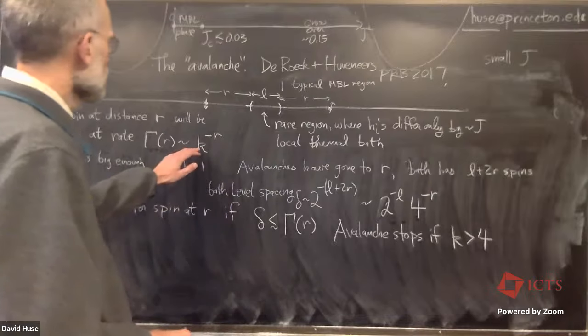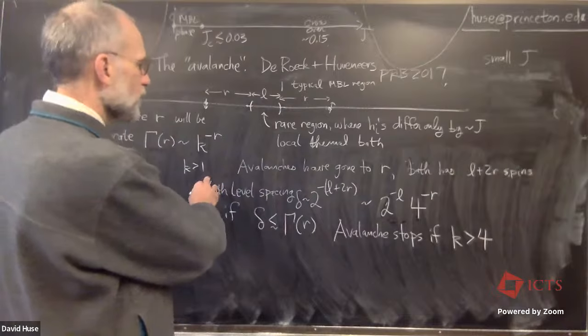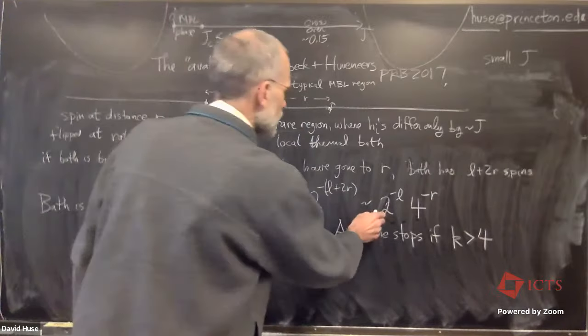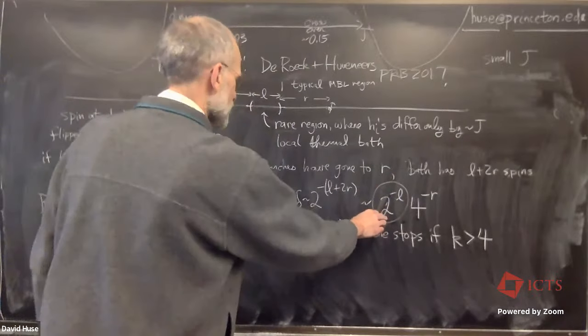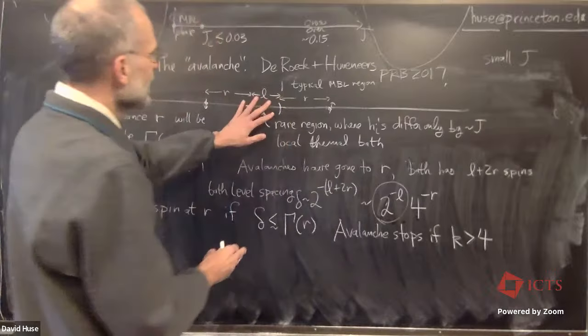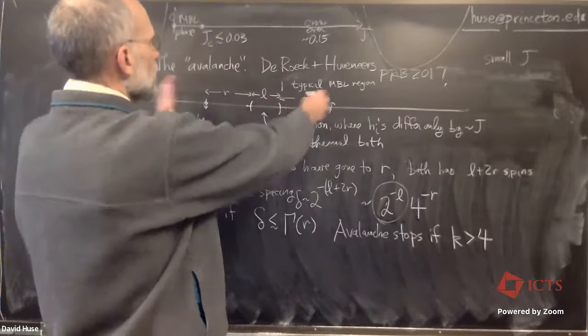So if K is greater than 4, then, right, so initially, this is much smaller than this because of this 2 to the minus L factor, right? The many body level spacing gets a head start because there's a rare region, right? And so the avalanche definitely goes a little ways, right?